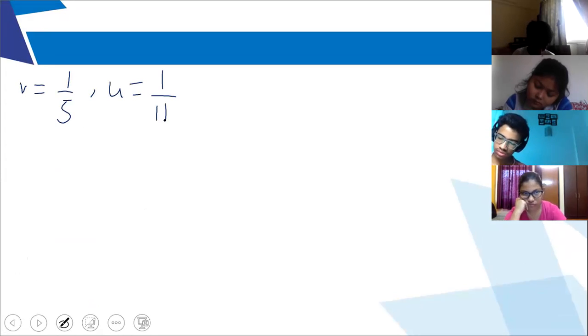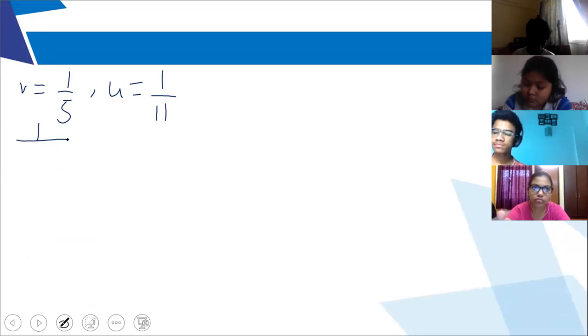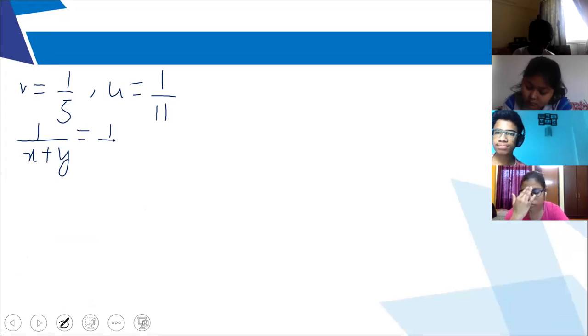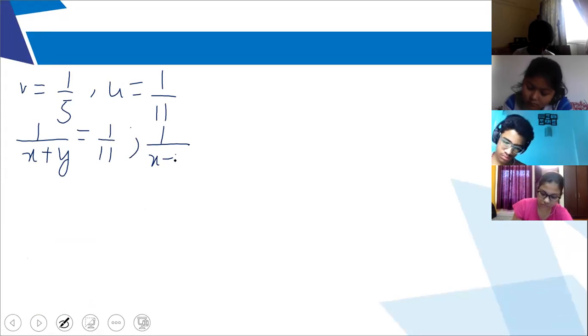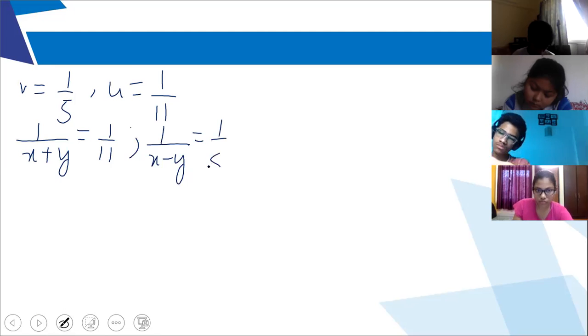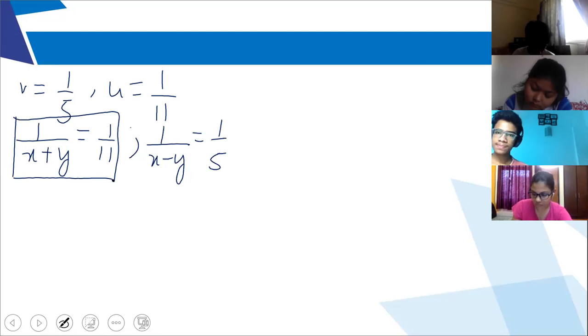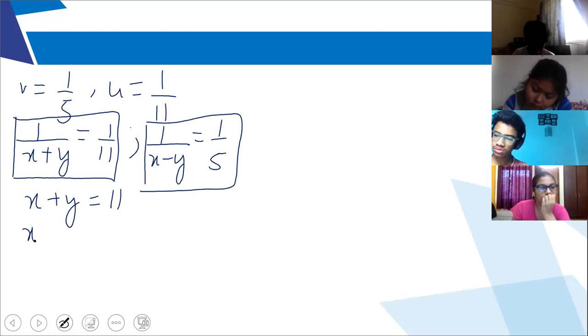And what was v equal to? v was 1 upon x minus y. So in place of u, I'm going to write 1 upon x plus y is equal to 1 upon 11. And in place of v, I'm going to write 1 upon x minus y. That was my assumption, children. So this means x plus y is equal to 11, and this means x minus y is equal to 5.